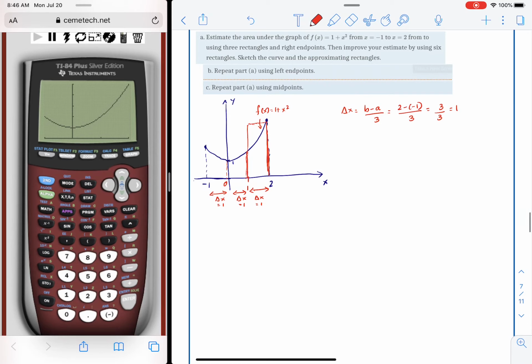The second rectangle would also result in an overestimate, whereas the third rectangle would result in an underestimate. Now you've got to keep in mind this happens because on one side the function is decreasing, the other side the function is increasing. So that is why we are getting overestimates on one side, underestimates on the other side.